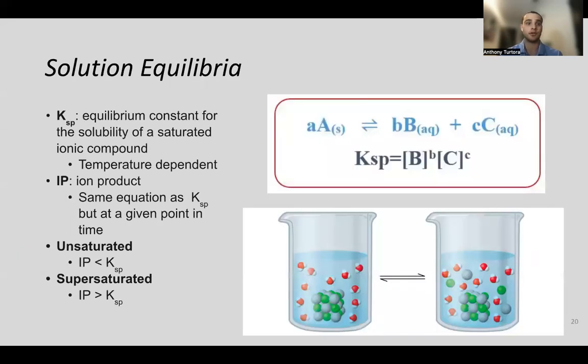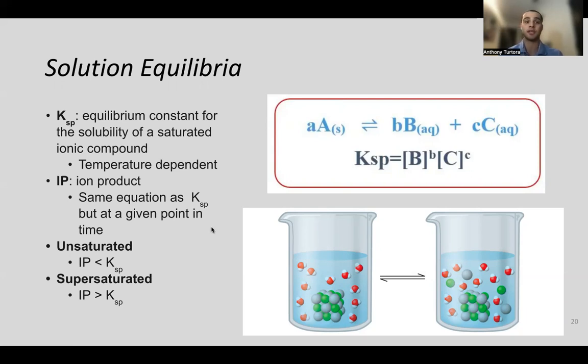So now I would talk about KSP as well as IP, which is the ion product. So what the KSP here is, is the equilibrium constant for the solubility of a saturated ionic compound.